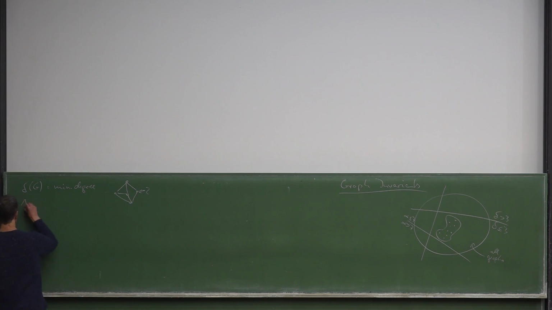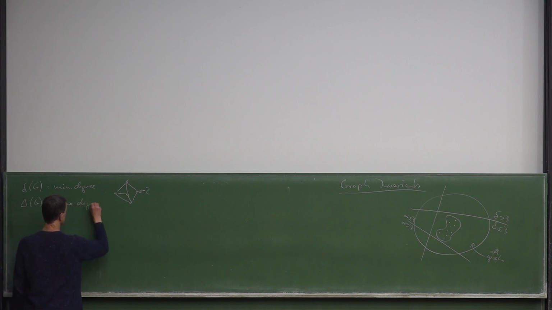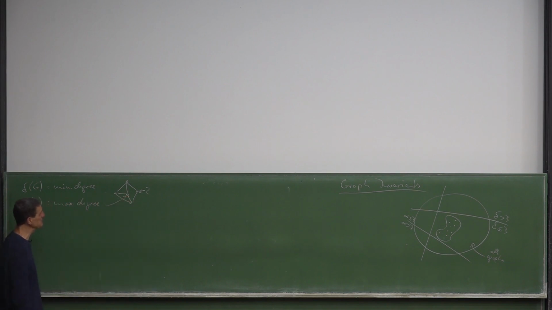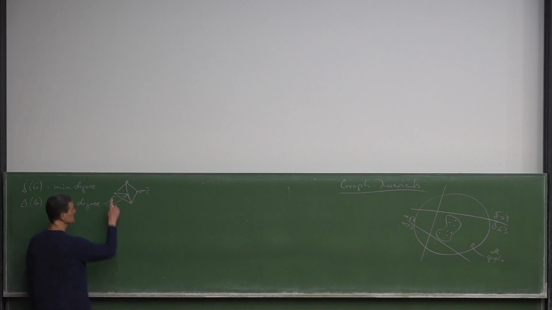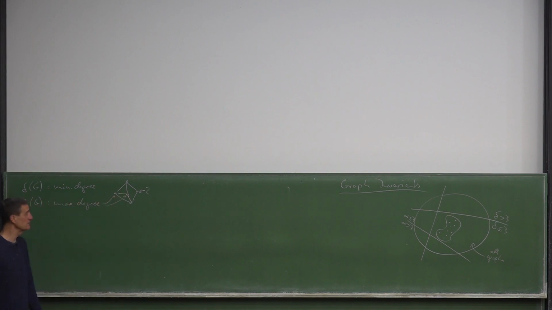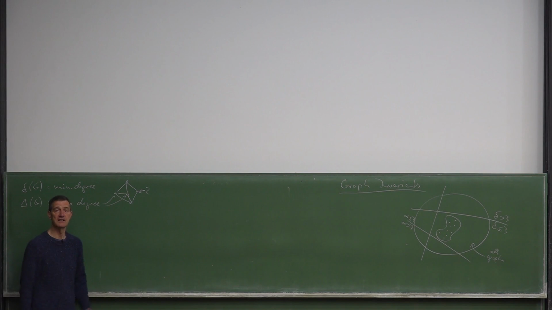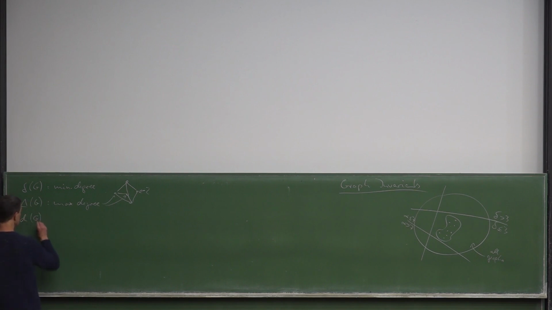And similarly, big delta of G is the maximum degree. So this graph has maximum degree 3 because there exists a vertex of degree 3, but there is no vertex of higher degree than 3. Okay? And then there's a slightly more interesting invariant, that's the average degree.